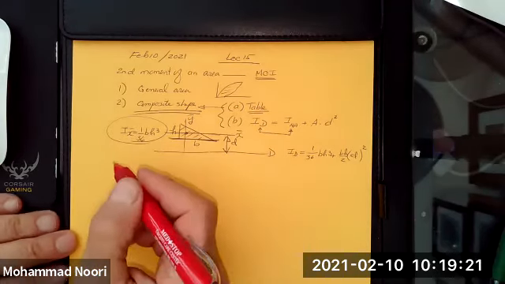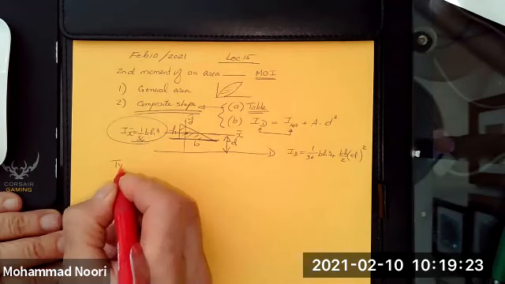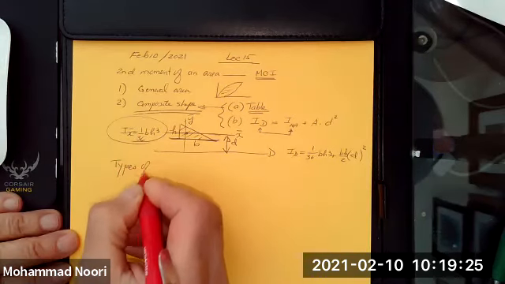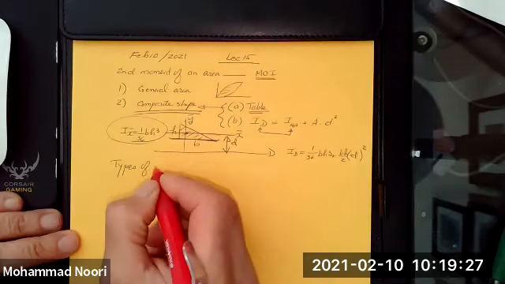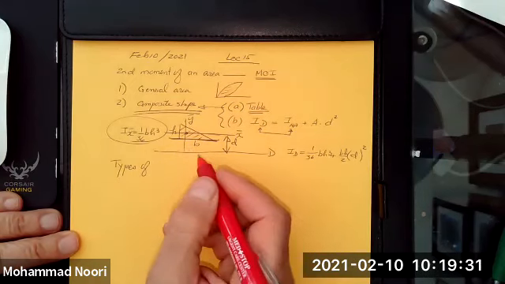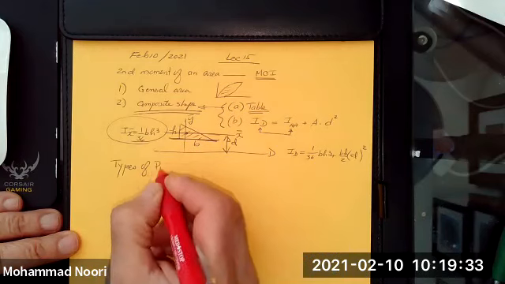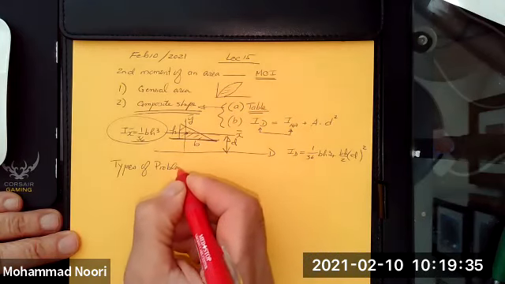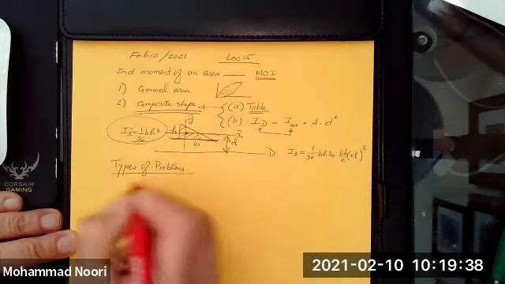Now, when it comes to finding the moment of inertia of different composite shapes, you have two types of problems.